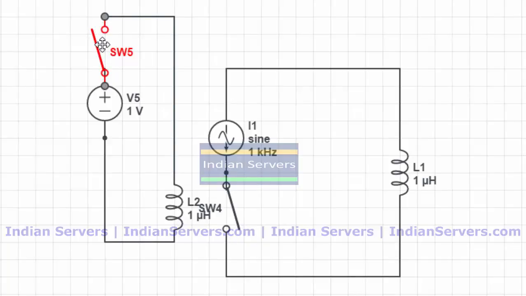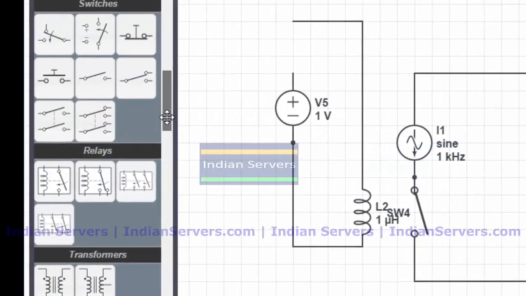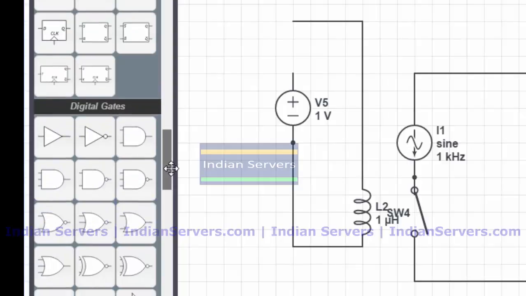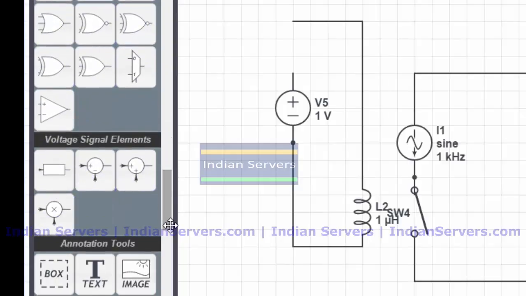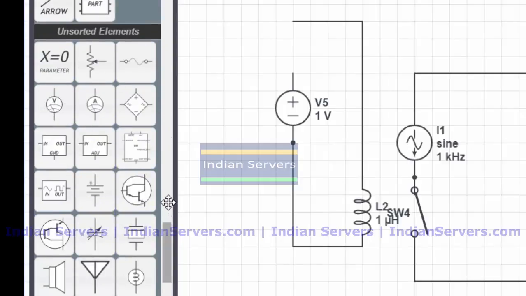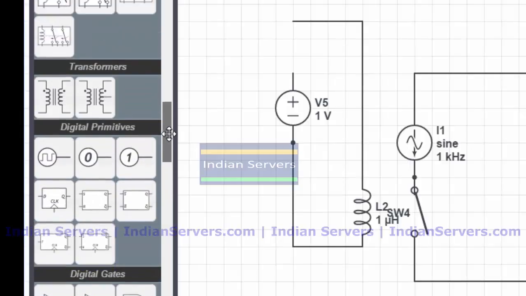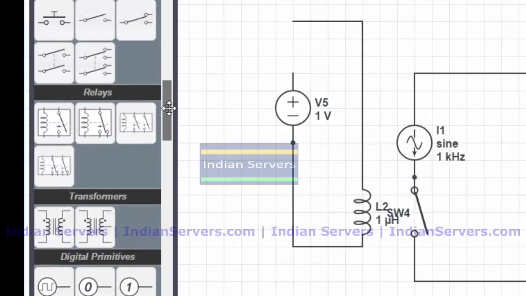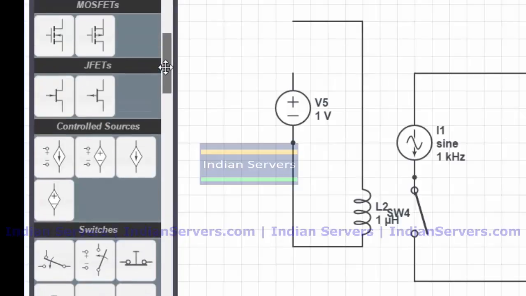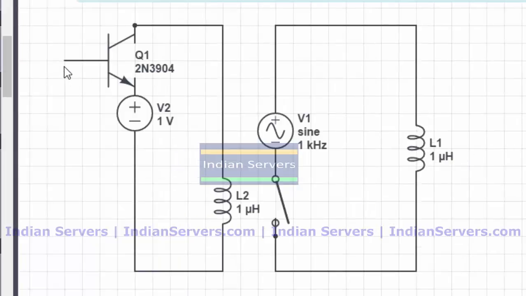So this switch can also be replaced by a transistor so that everything will become automated. So here I'm going to replace that switch by using a transistor. Now the base terminal of the transistor is connected with the controller.